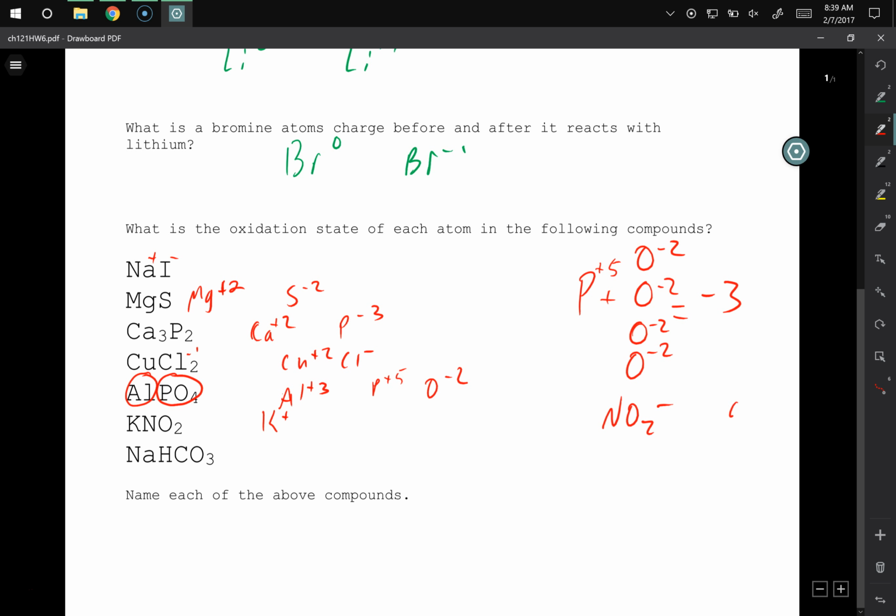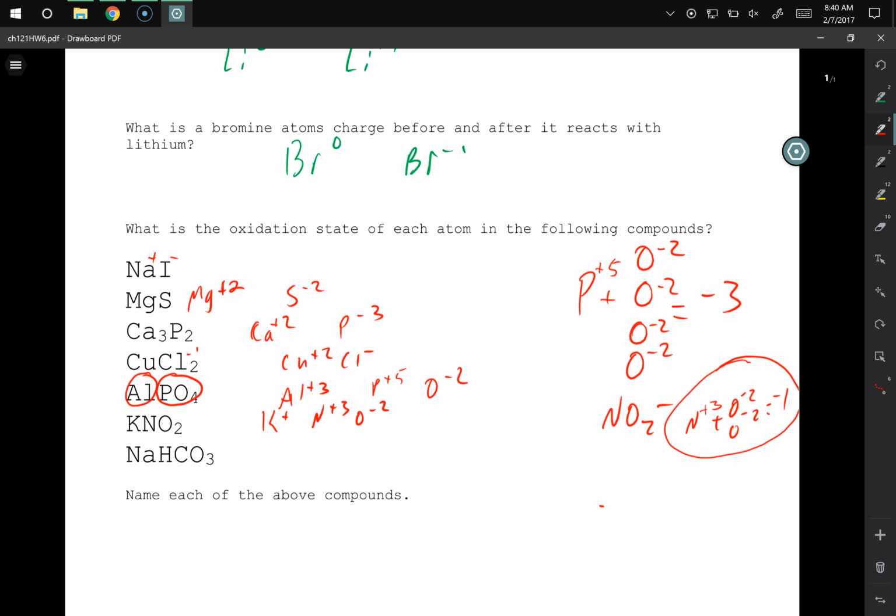The oxygen's charge is a -2. I've got to be left with a -1, so my nitrogen's charge has to be a +3. So this whole thing has to equal -1, so it can cancel out with the plus on the potassium. So I end up with -2, -2, and a +3 giving me a -1. So my nitrogen is a +3 and my oxygens are a -2.